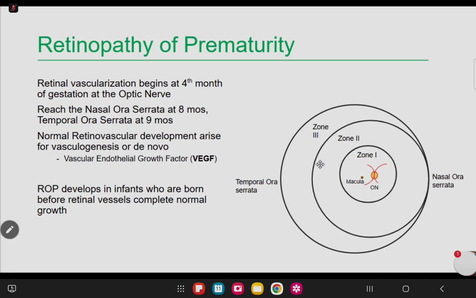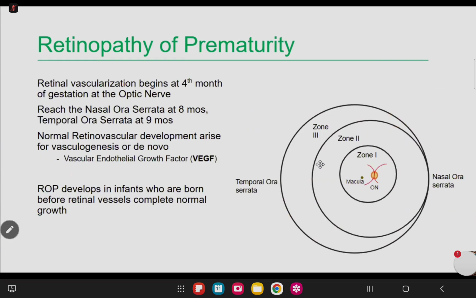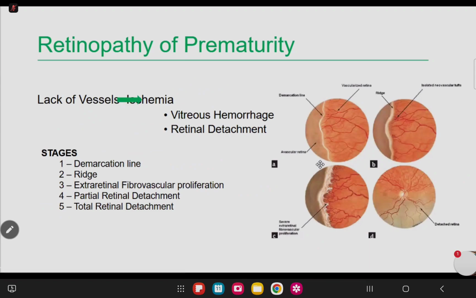So in cases where there is derangement of the VEGF, then this would cause the formation of these stages, and there would be vitreous hemorrhage and retinal detachment eventually. But first, if there is the lack of retinal vessels in the immature retina, this will lead to ischemia, and then the ischemia will disturb the normal growth process of the retina, causing your vitreous hemorrhage and detachment.